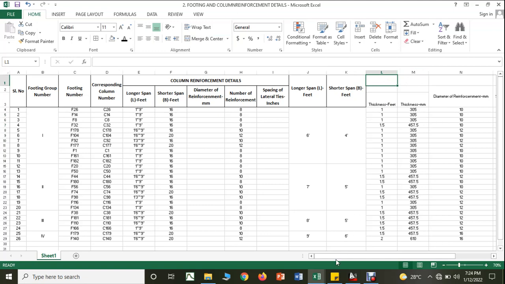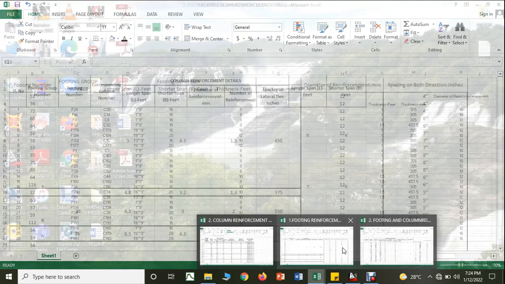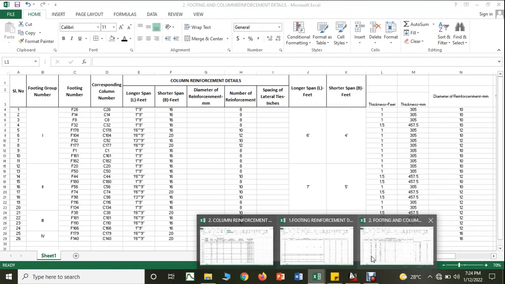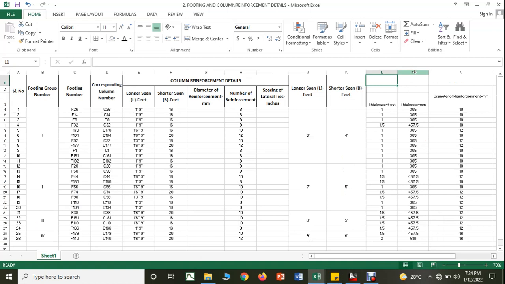Okay, so I have reinforcement. Yes, I can give it in feet itself, only one is enough. Therefore I can remove this thickness in mm.